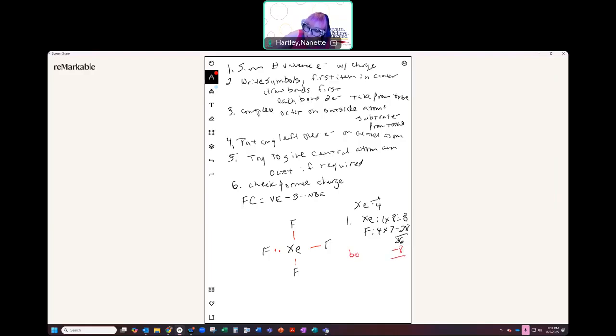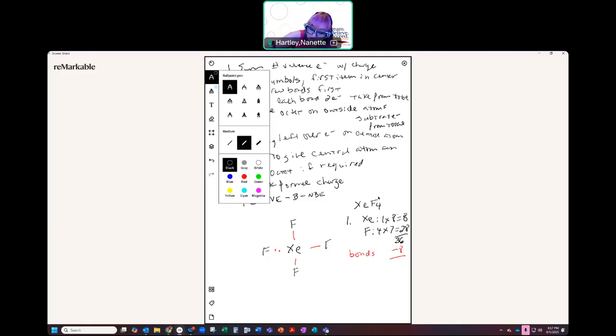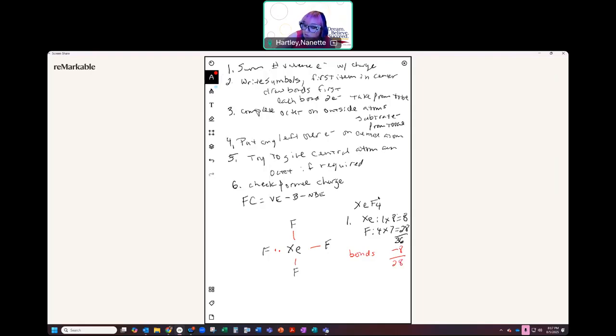Those were in the bonds. And that then leaves me with 28 additional electrons that I have to work with. Okay, so I've taken out all of the electrons in the bonds. That leaves me with 28 that are left.